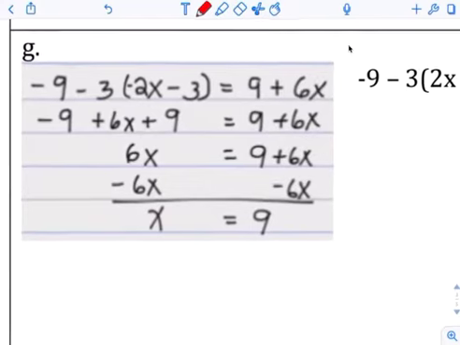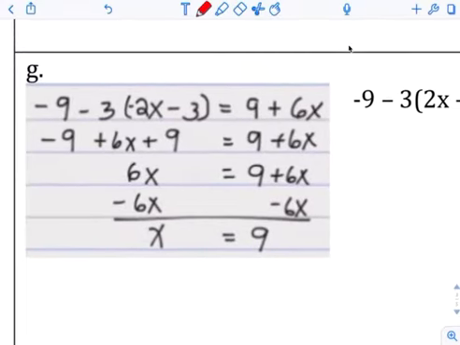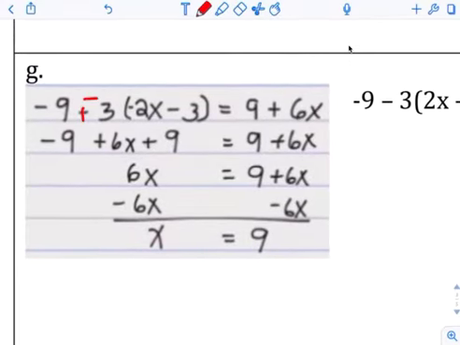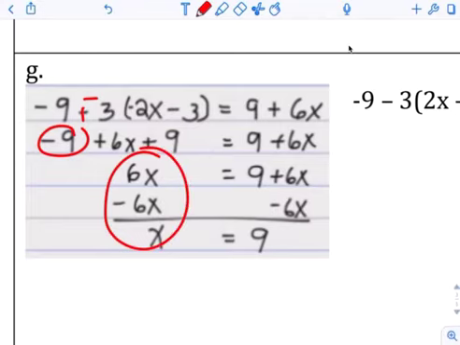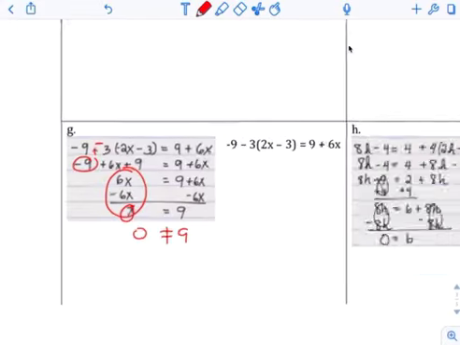Yeah, I should. Additive inverse is correct. This gets them 0, so same thing as 6x, so that's correct. Oh, right here. Right there, right? That should be 0. 0 does not equal to 9. No solution.